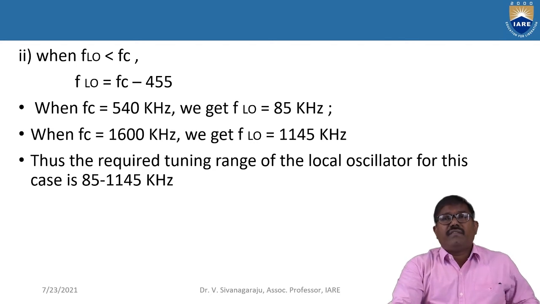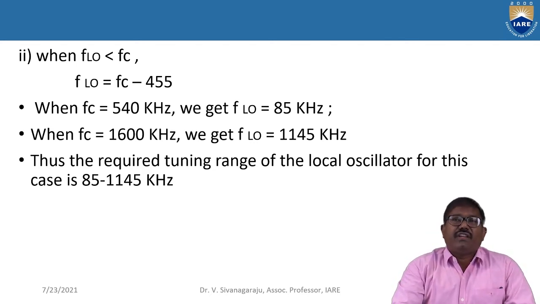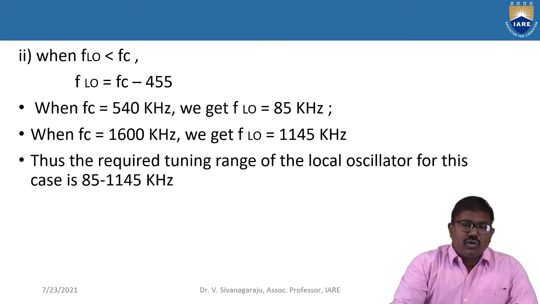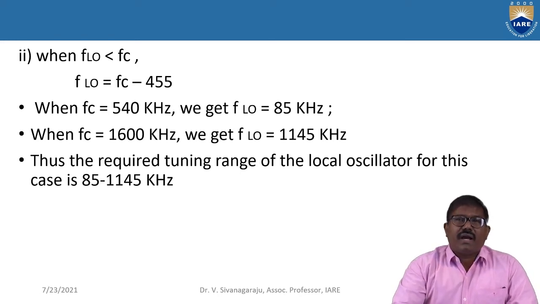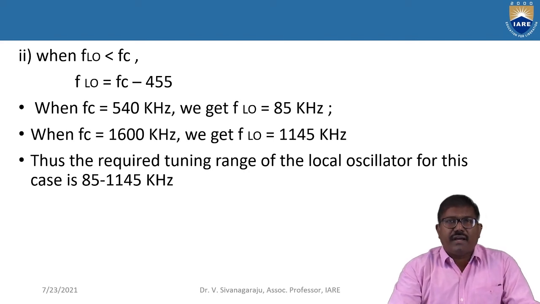Previously we solved the first case, where FLO is greater than FC, but here FLO is less than FC. So in this case, FLO is equal to FC minus 455.